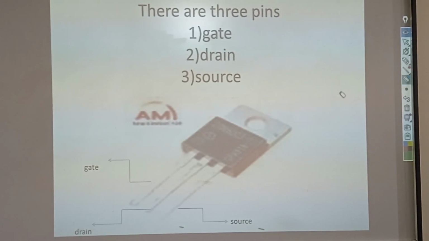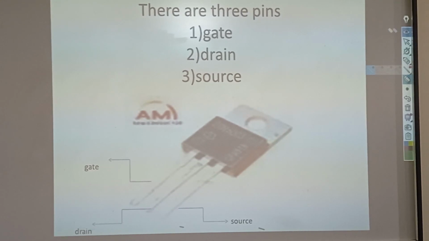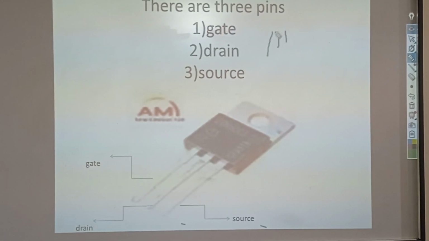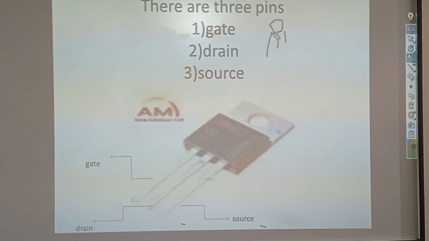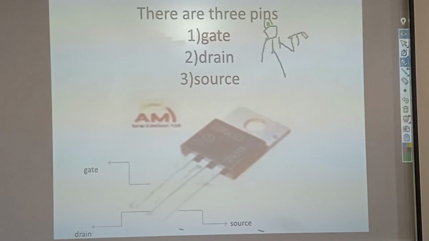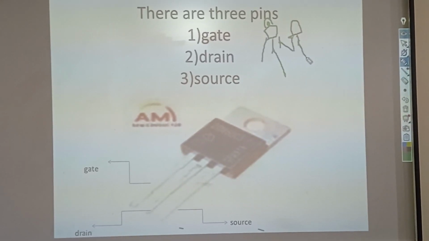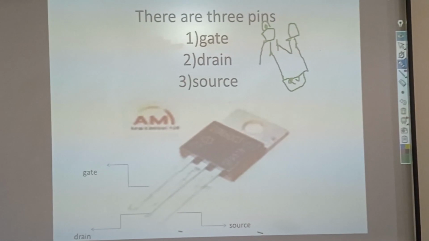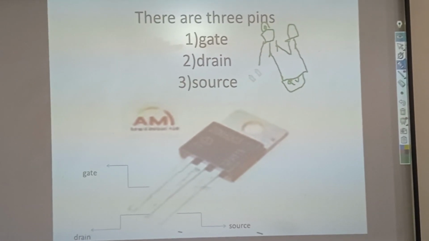But when you take a MOSFET, it comes here. So when you connect the voltage with this bulb to the 9-volt battery, it will not glow. How?